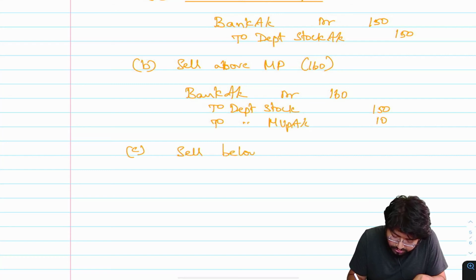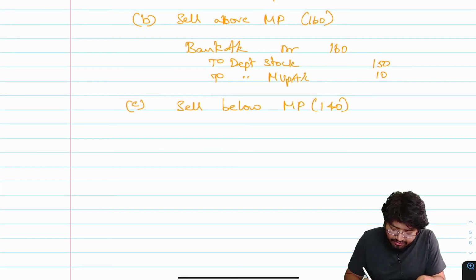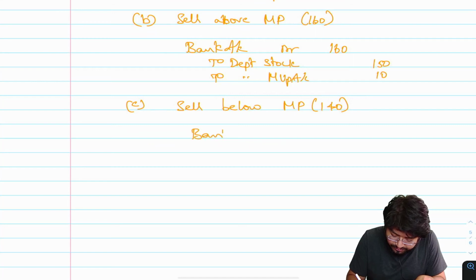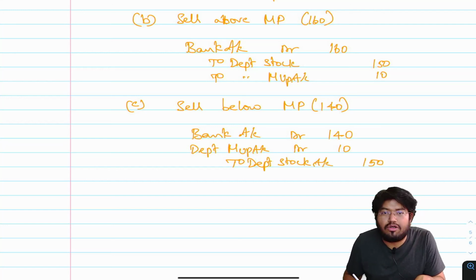Same way, you may also sell at times below marked price, say 140, in which case you will collect from the customer: bank account debit 140, department markup account debit 10 rupees, to department stock account, earlier you kept it for 150, now the same 150.